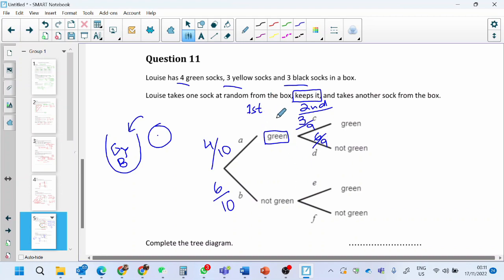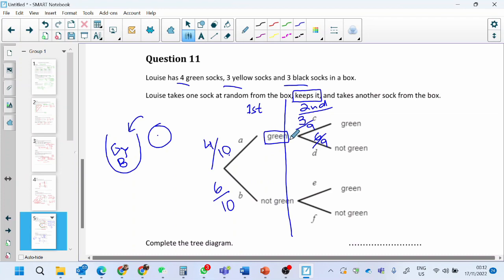So this was the first attempt here. In the first attempt, right? So he had 4 out of 10 green. So the probability of green was 4 out of 10. And probability of not green was 6 out of 10, right? 3 yellow and 3 black makes 6. So 6 out of 10 were not green.